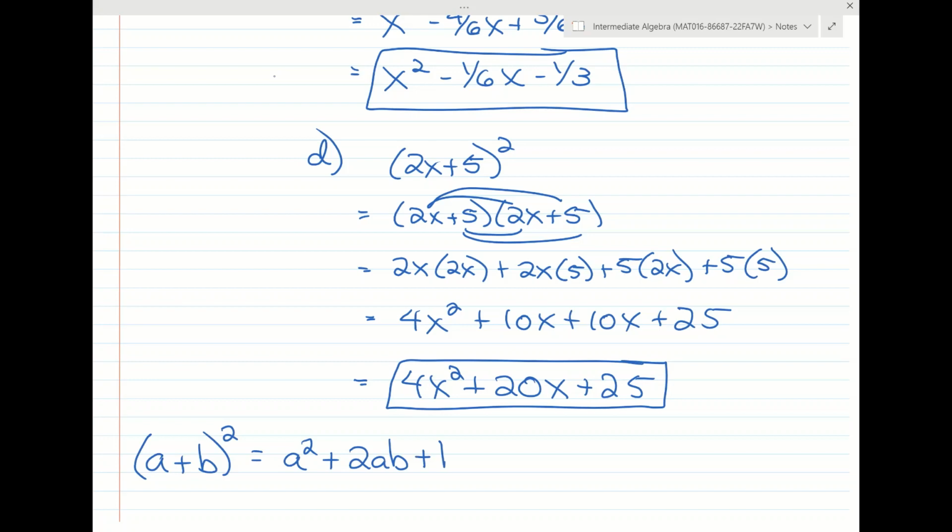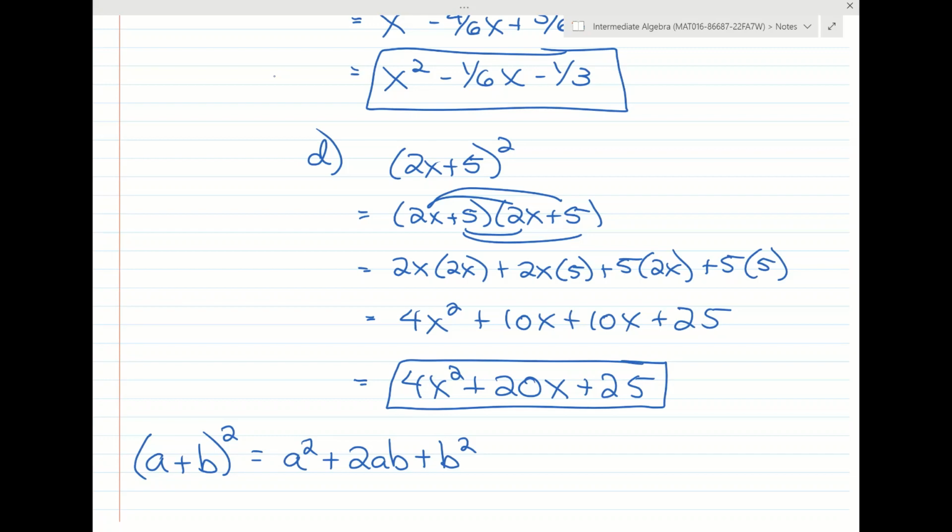And then the last term is just squared. So if you take a look at this, 2x squared is 4x squared, 5 squared is 25, 2 times 5 is 10, times 2 is this. You could have done this in 5 seconds as opposed to 30 seconds. It's just a cool little shortcut.